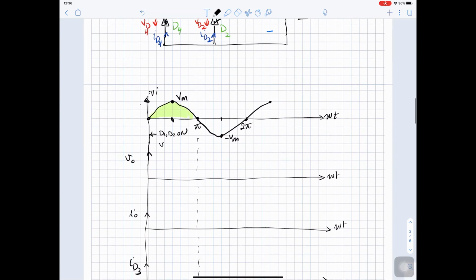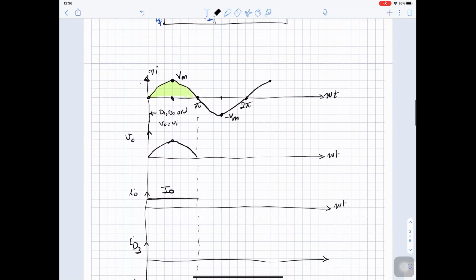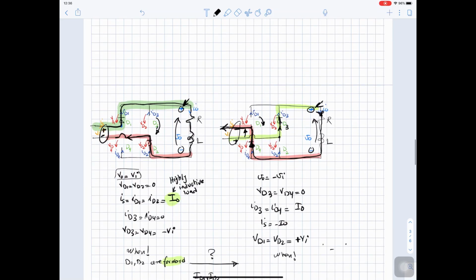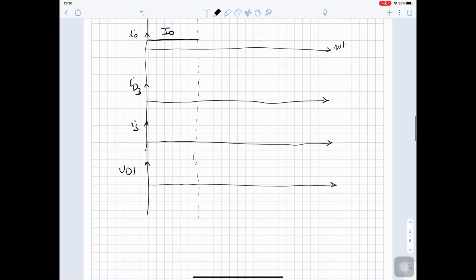V out equal Vn. So we will sketch the same sine wave here, and I out is constant at its constant value I out, because we have a highly inductive load, and I diode 3 during this time is 0.